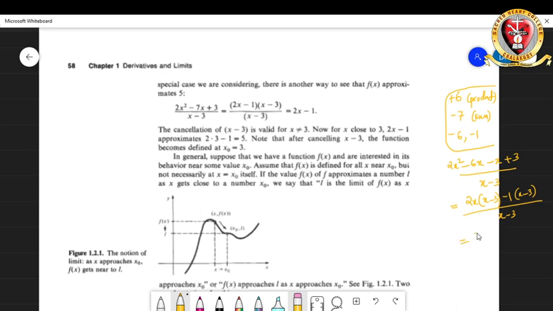So you get x minus 3 is a common term, into 2x minus 1, divided by x minus 3. That's how you get this. And from that, when x is not equal to 3, you can cancel out x minus 3 and x minus 3 to get 2x minus 1. And at x getting close to 3, thus 2x minus 1 is approximating to 5.